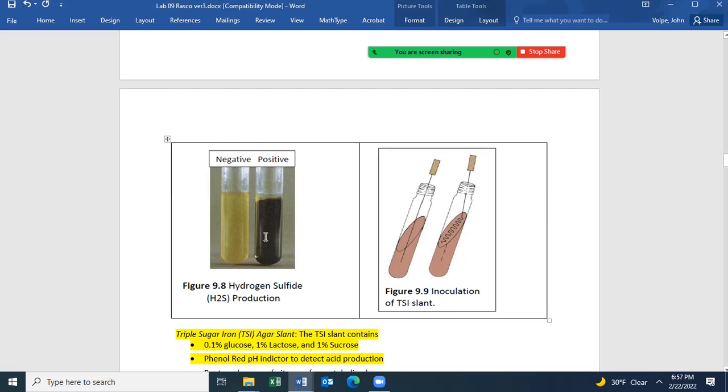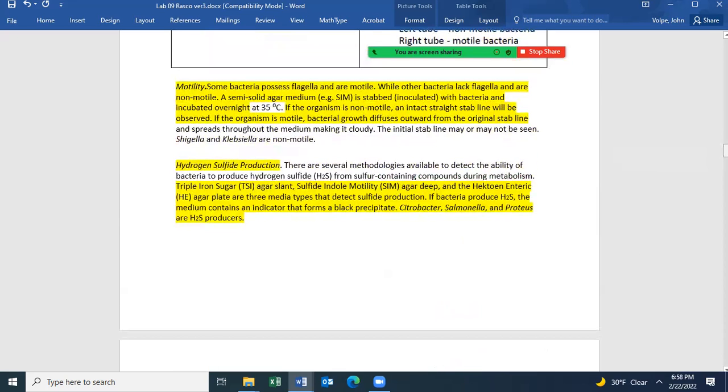Hydrogen sulfide, for at least most species, is not made in the presence of oxygen. You can test the production of hydrogen sulfide in different media. You can test it in triple sugar iron, also called TSI. You can test it in sulfide indole motility, which is so long, almost everybody calls it a SIM test.